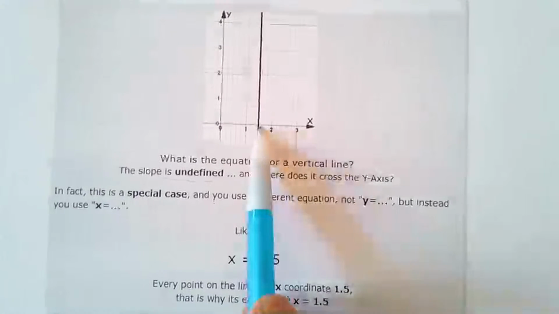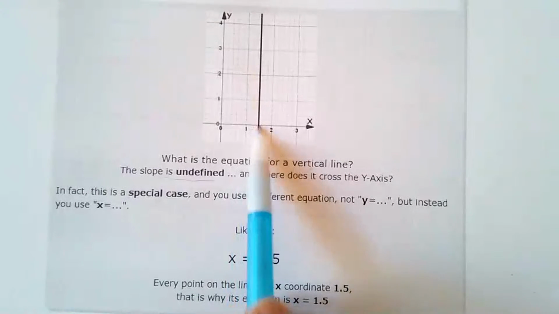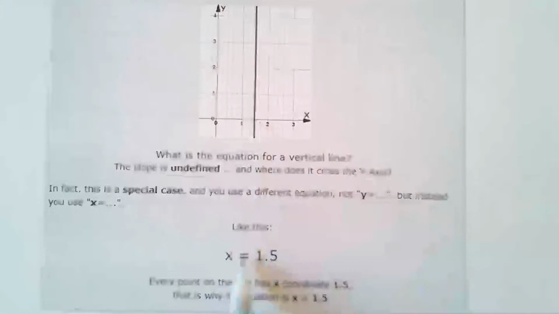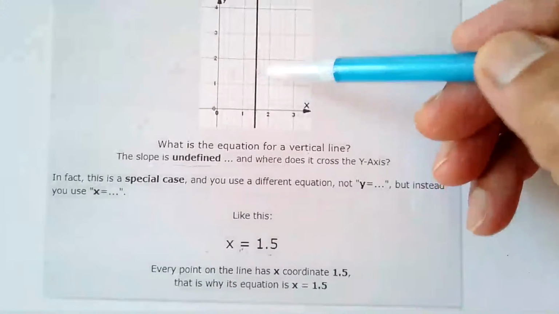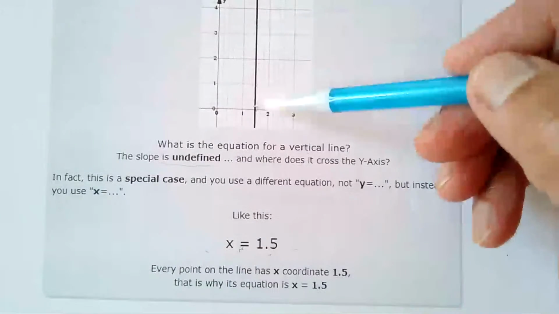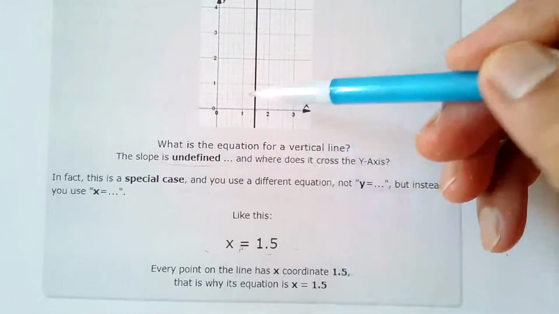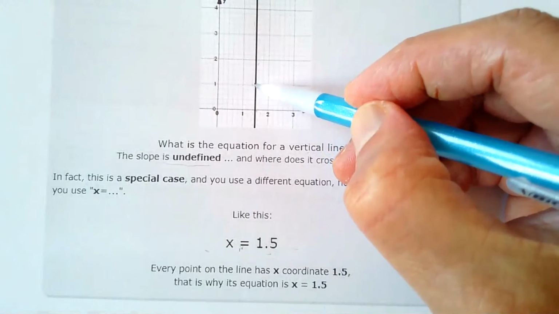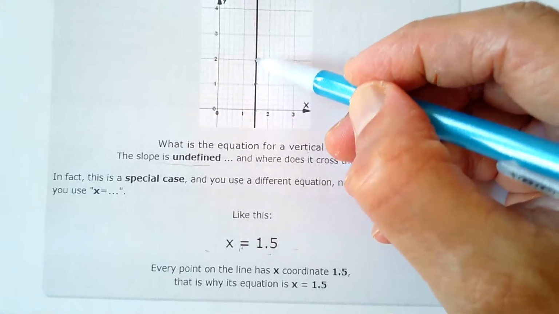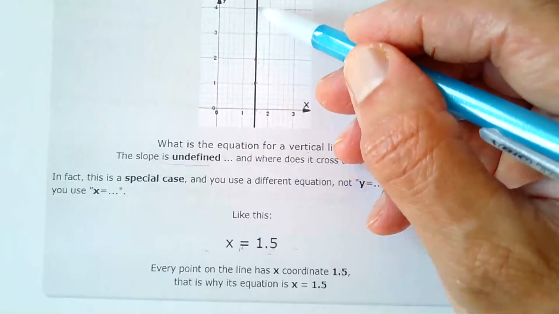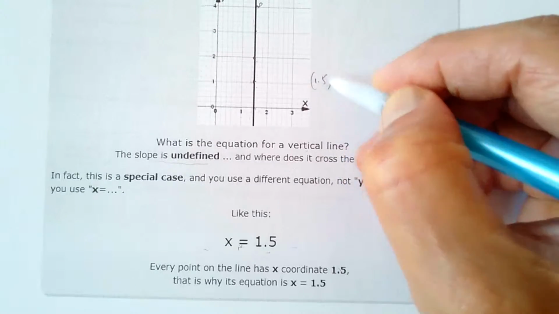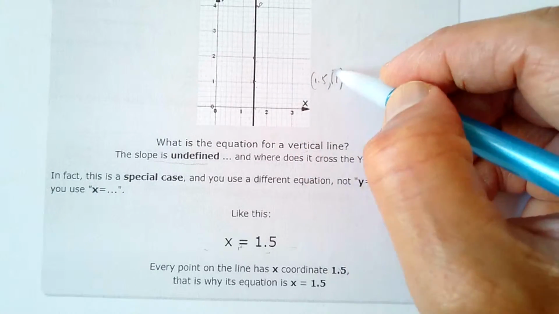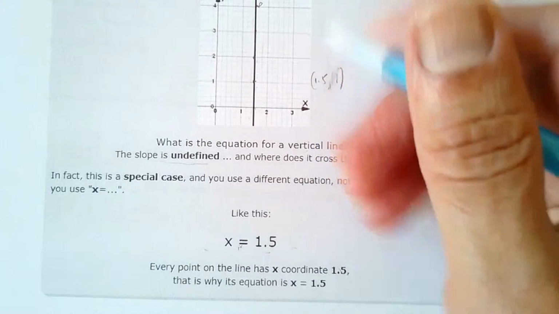So we write this one, for example, 1.5. You say this, the equation of this line is x equals 1.5. Notice there's no y-intercept. Okay? And every point on this line, the x-coordinate is 1.5. So if I go find this point here, x is 1.5, y is 1.